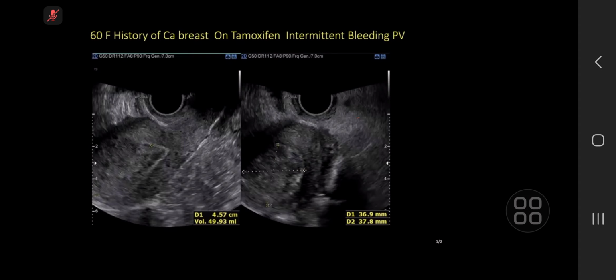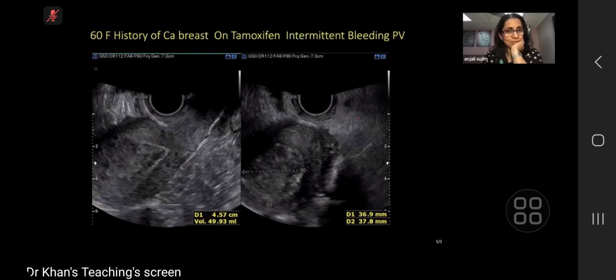I can't see the superiormost portions of it on the first image, but on the second image, it looks like it's well rounded within the endometrial cavity. Okay, good. So what is the cutoff for endometrial thickness if the patient is on tamoxifen?